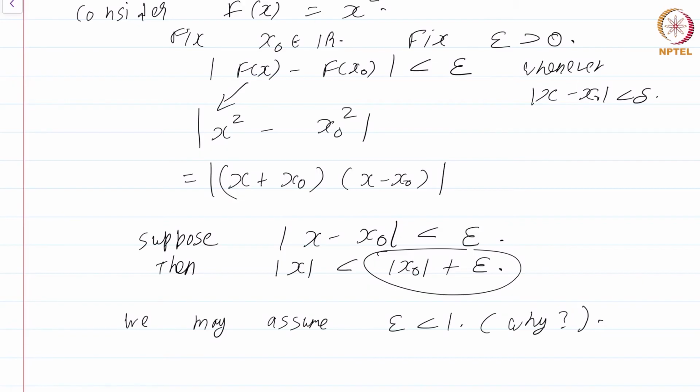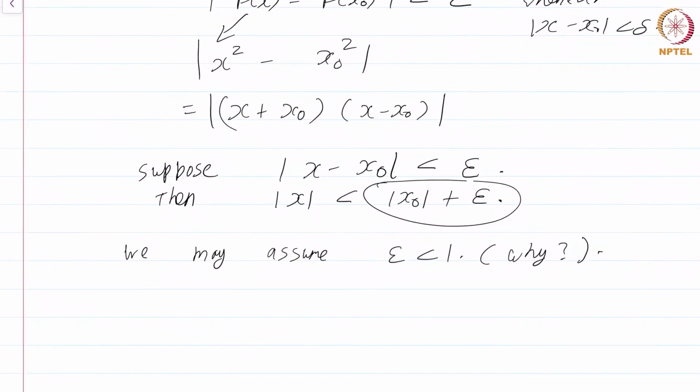The reason should be fairly obvious to you. If you can get f of x to be epsilon close to f of y, you can certainly get it to be 10,000 close also, because 10,000 is greater than 1. So we may assume epsilon is less than 1. What does this tell us? It tells us that mod x is less than mod x naught plus 1.